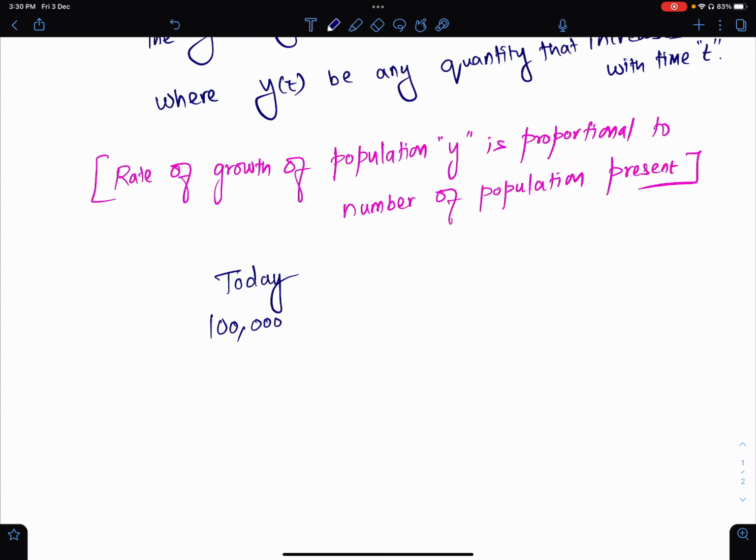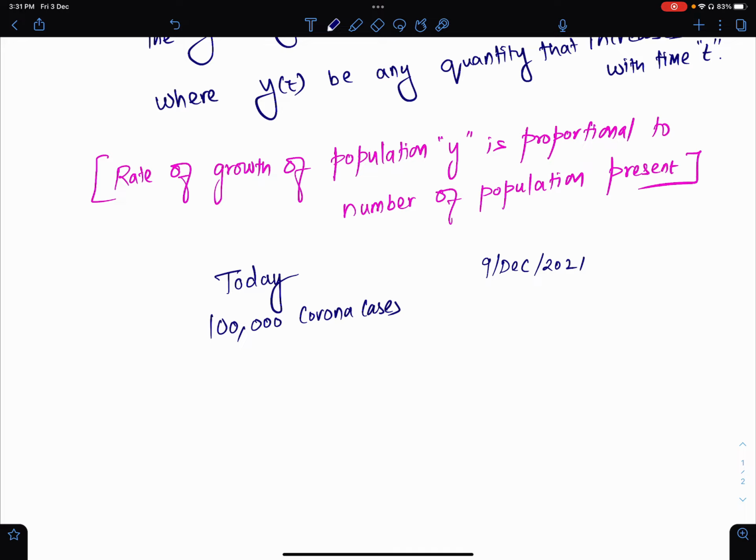Suppose I ask what will be the number of people with corona after 7 days, say on 9th December 2021.